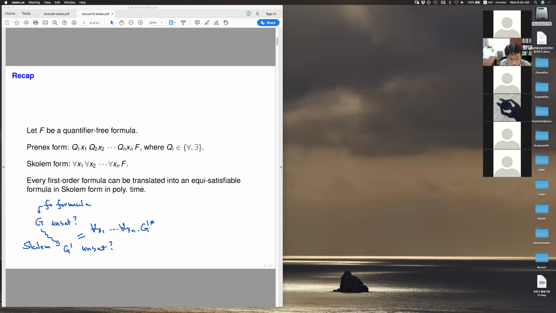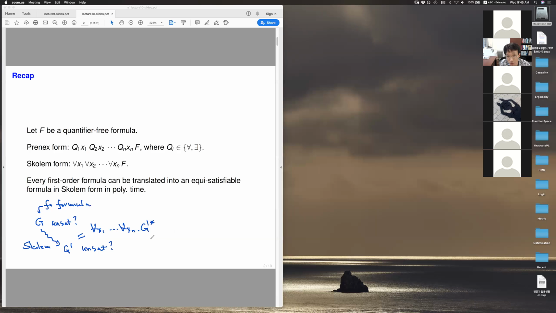Still, checking unsatisfiability of this formula is not entirely obvious. If you think about what unsatisfiability means, it means that whichever structure you pick, this formula is not true. That's quite a bit of work if you really want to check all those structures.